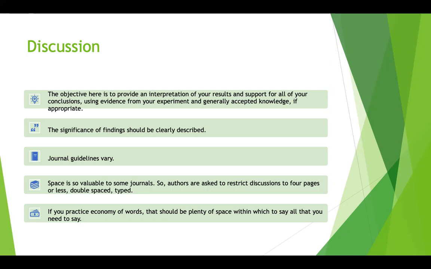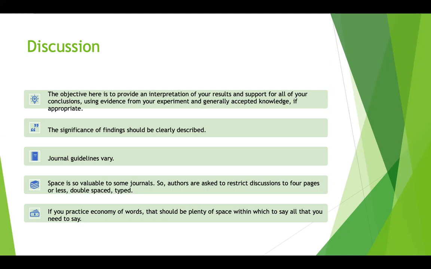And you also try to link those results with the previously accepted knowledge in the literature. So this is the section of the research paper where you do all this. So this section is discussion. The significance of findings should be clearly described.